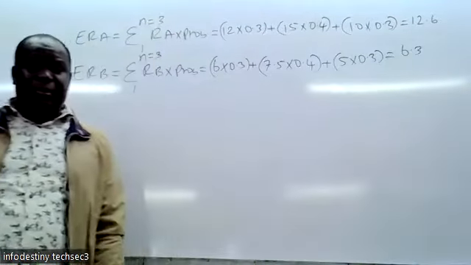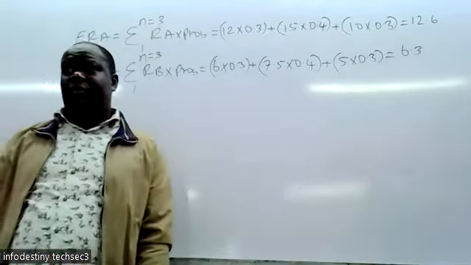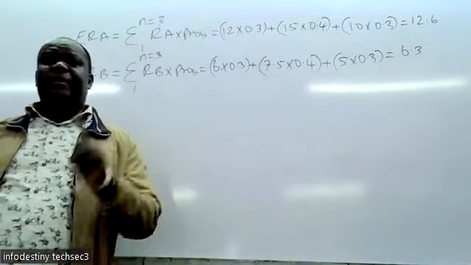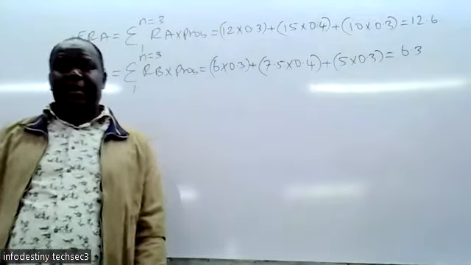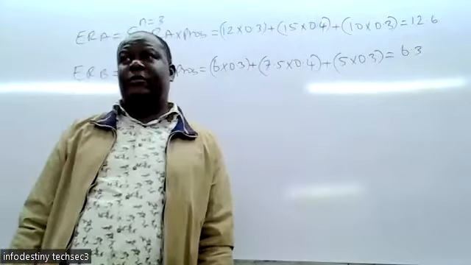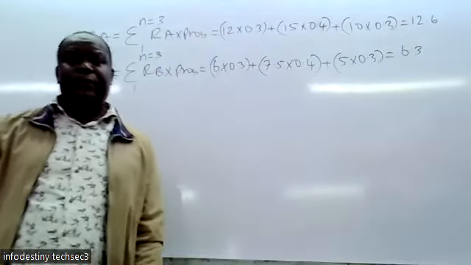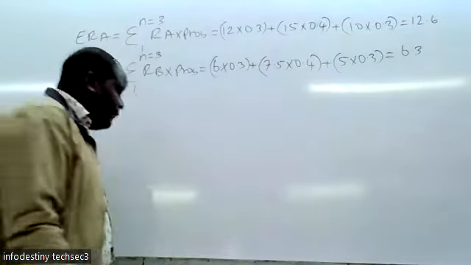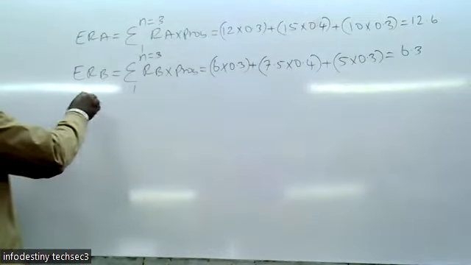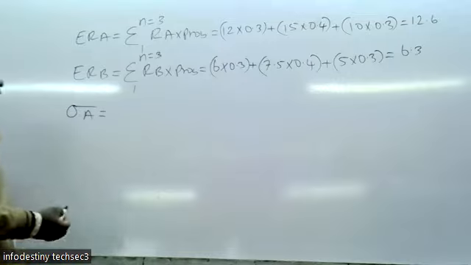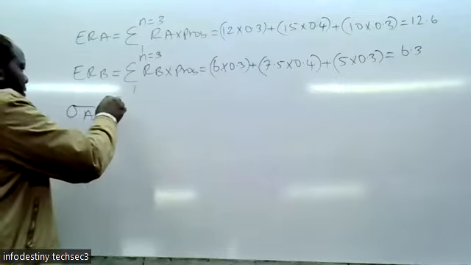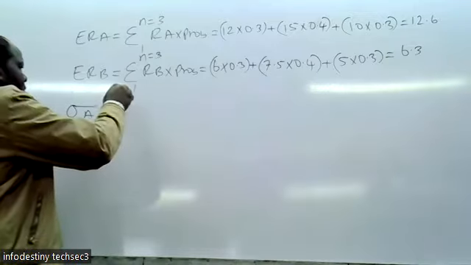I'm not computing that for the portfolio because I've not shown you about the portfolio. So I'm first calculating the expected return for each security. Then when we go to part 2, they wanted you to get the standard deviation for A, but we shall calculate for both. So we start with the standard deviation for A. When you want to calculate standard deviation for A, it is simply the summation from the first observation to the last.